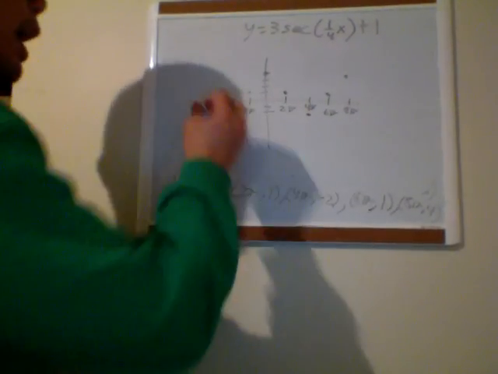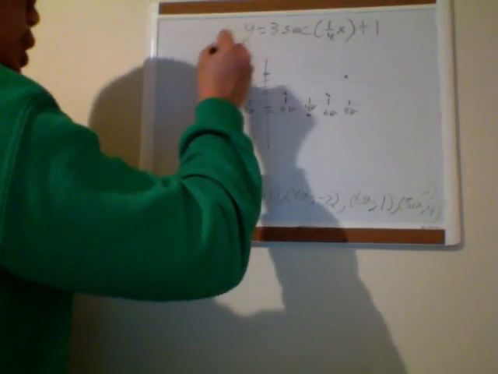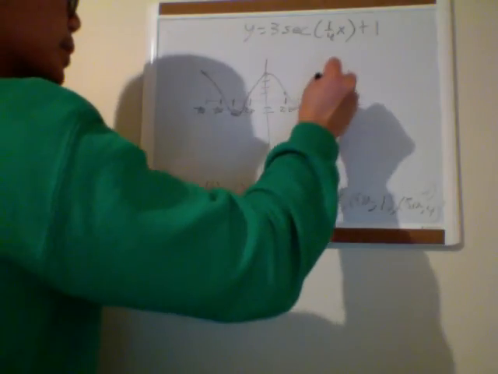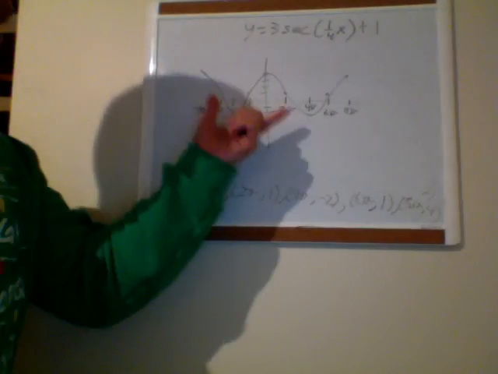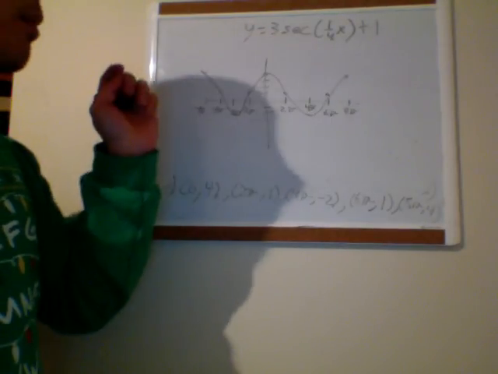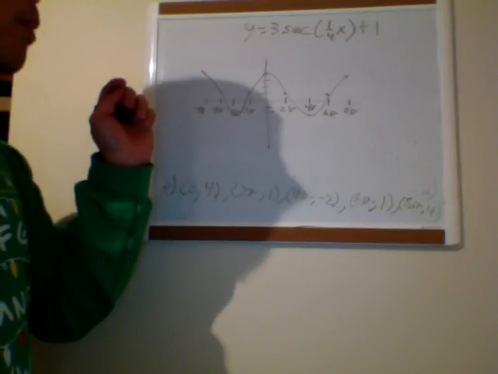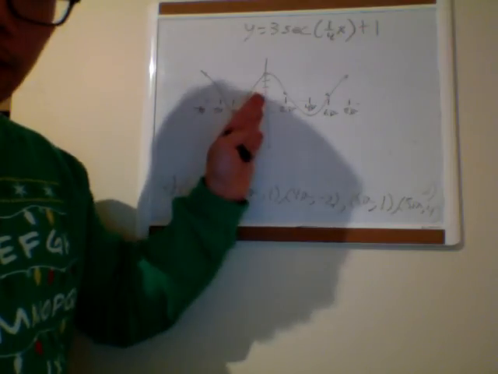And then at negative 8 pi, I'm back up at 4. So this is my cosine wave. Okay. Now the trick here is, that's my cosine wave.